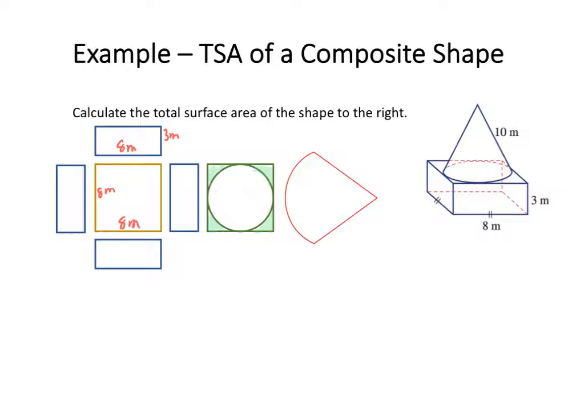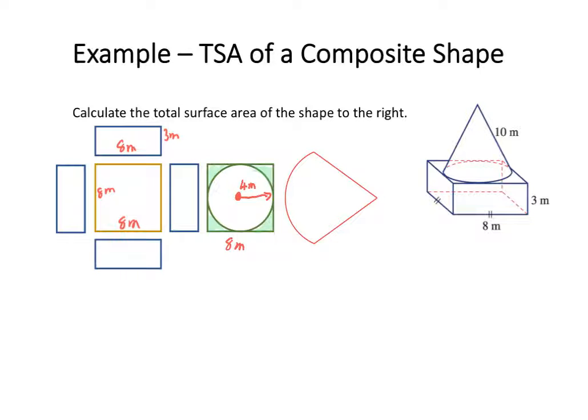The square top with the circle cut out is going to have a length of 8 meters. Now we're not given the radius of the cone, but I can see in my diagram that the cone looks like it touches the edge of the square. So I can calculate my radius using the 8 meter side of the square, and my radius is going to be half of that, so it is going to be 4 meters.